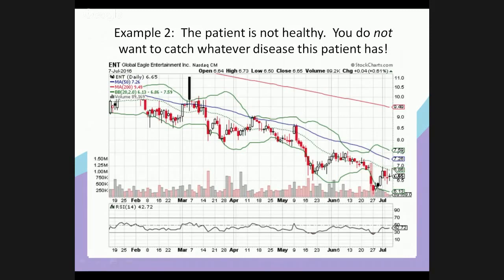So even though this has dips in it, I don't believe that these are necessarily buyable dips, meaning I don't think you want to buy these dips, because let's look at the overall trend as indicated by the 200-day simple moving average and the 50-day simple moving average, both trending downward. So it's pretty clear that the patient is not healthy here, and personally I wouldn't touch this stock, at least at this point in time.